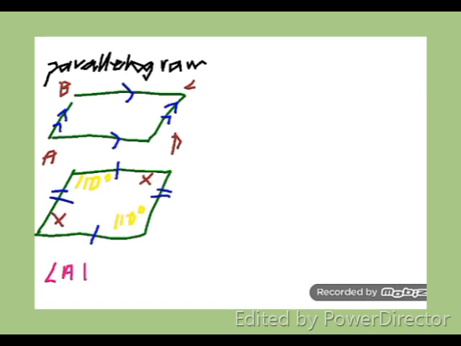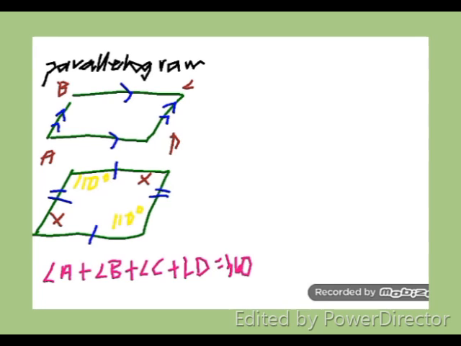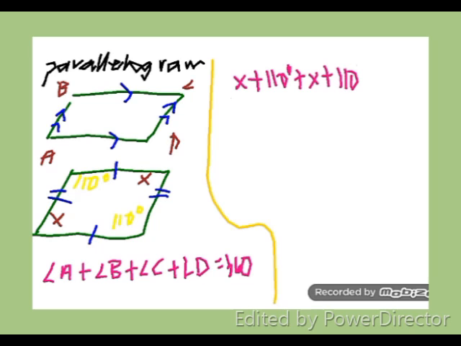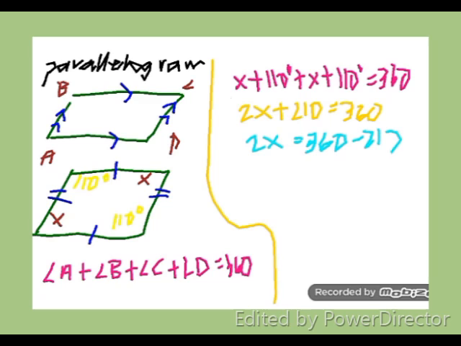And if you have angle A na missing value at pareho ng angle, yung opposite angle niya, angle C na missing rin, at meron kang given na angle B which is 110 at opposite niya is 110 rin. I-sum up mo lang yung lahat at i-equal mo sa 360 kasi kapag ayun yung value kapag pinagsama-sama mo lahat ng angles. X plus 110 plus X plus 110 is equal to 360. 2X plus 220 yan is equal to 360. 2x is equal to 360 minus 220.